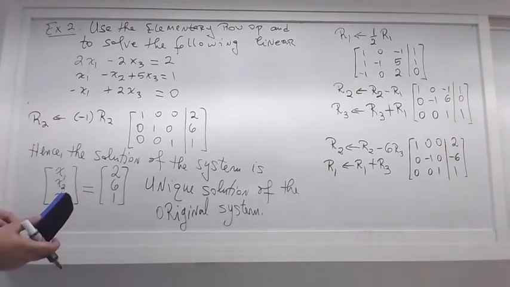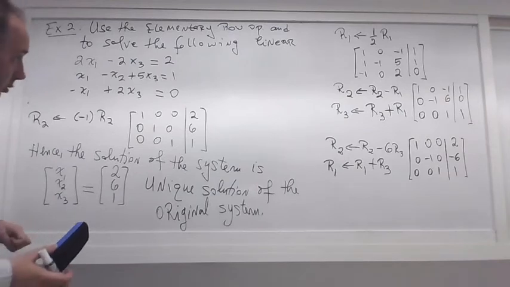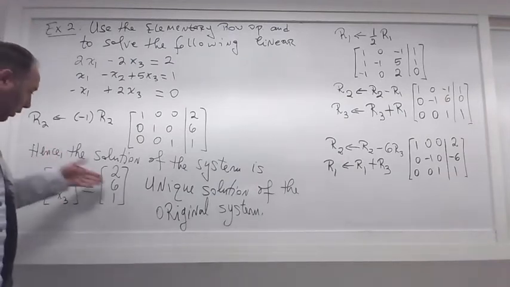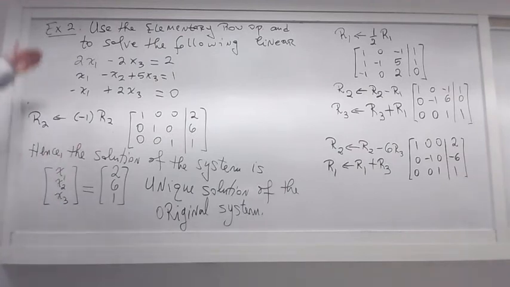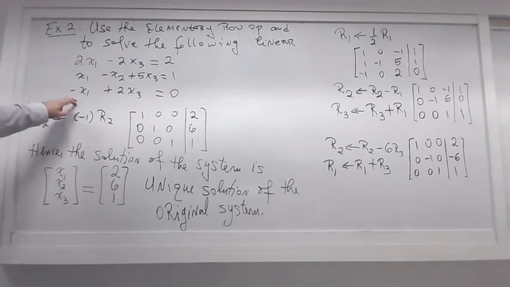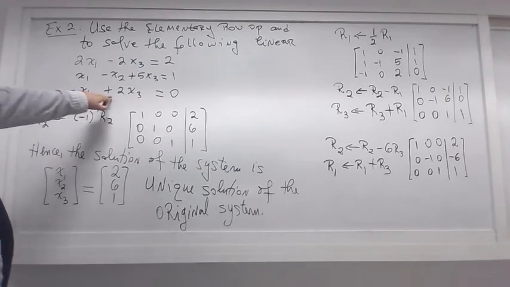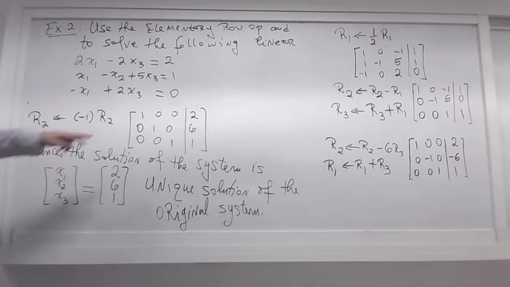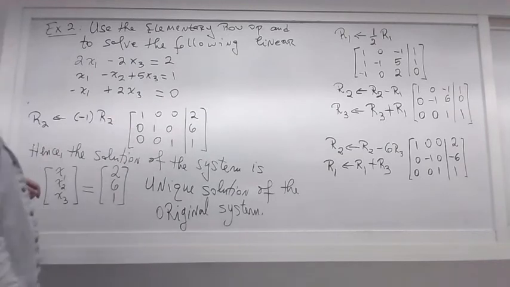The big question is, have we made any errors? How can we know? Well, one of the things is we can try to plug this solution into the system and see if it satisfies every equation. So if I put 2, 6, and 1 in here, minus 2 plus 0 plus 2 is 0. Cool.